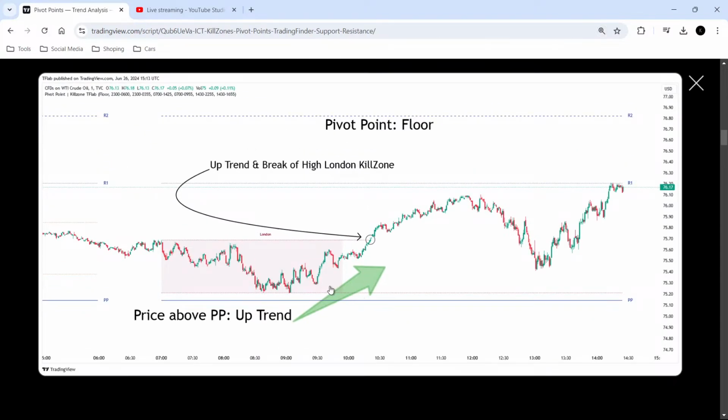Let's see right here. Right, so this is basically some sort of Fibonacci retracement, but it's not a Fibonacci.